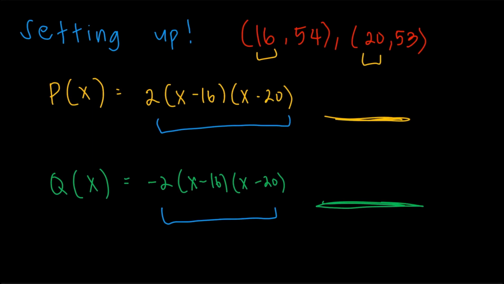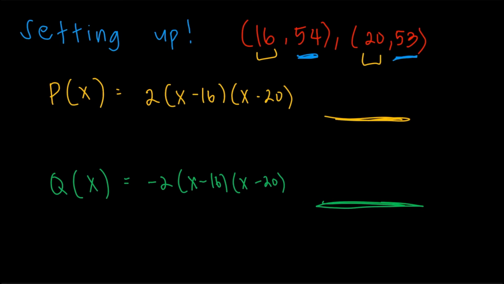It's just really finding a way to write an expression to make p(16) and q(16) be 54, and q(20) and p(20) be 53. Again, it might not be obvious, but we can see that 54 and 53 should come out of a certain expression in the question marks here, and the thing we're substituting is 16 and 20.